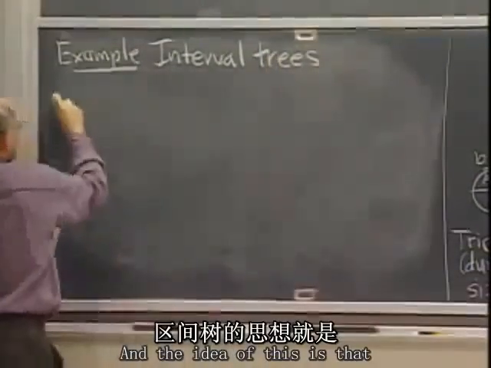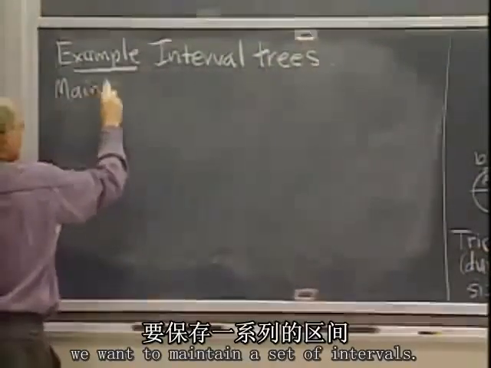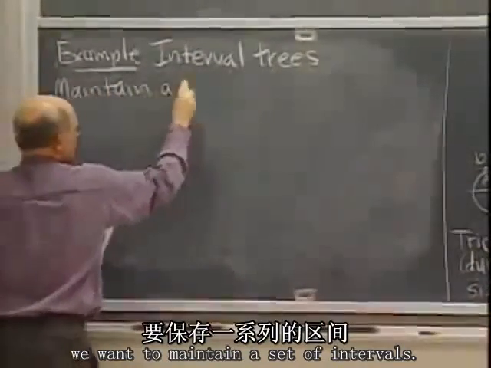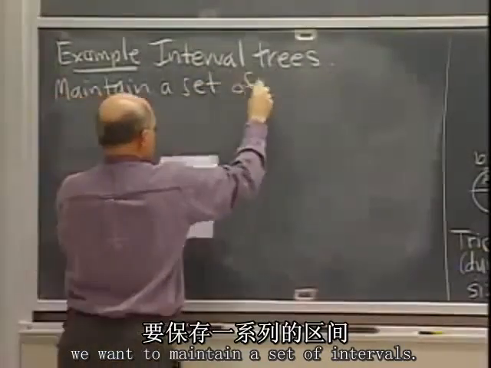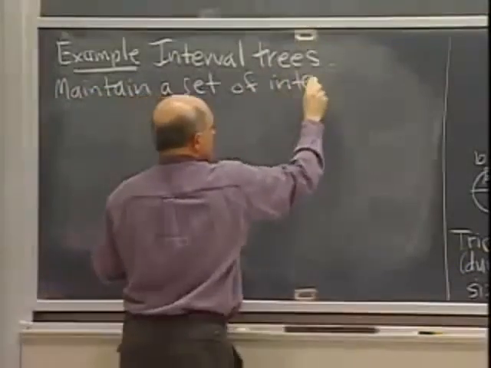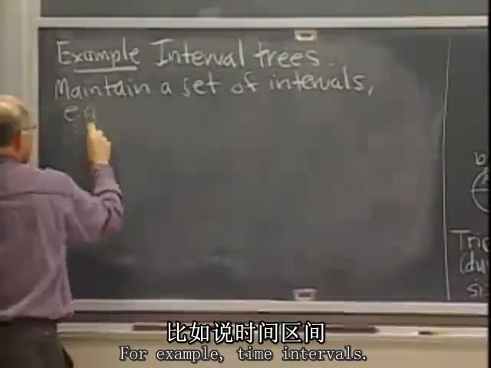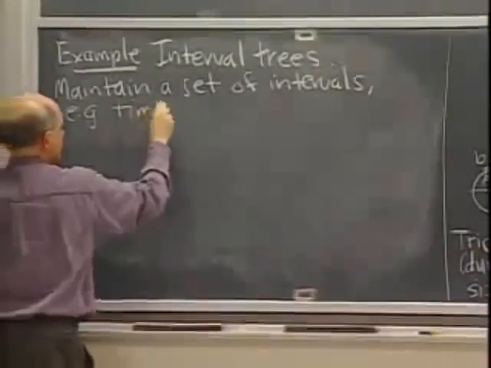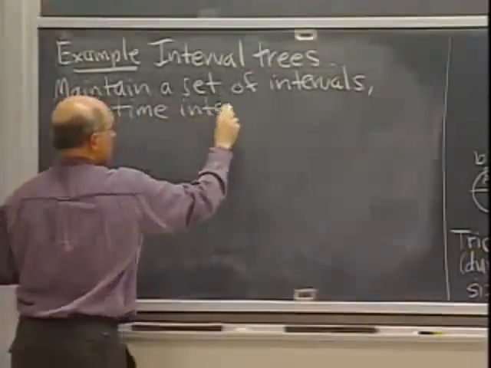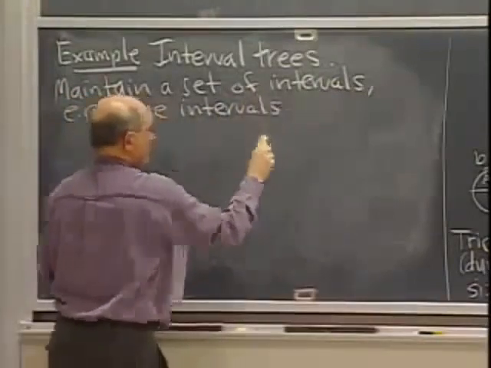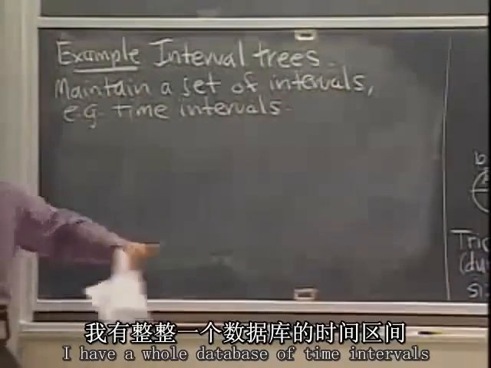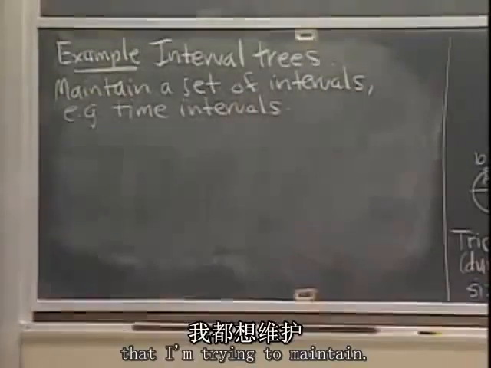The idea is that we want to maintain a set of intervals, for example, time intervals. So I have a whole database of time intervals that I'm trying to maintain.